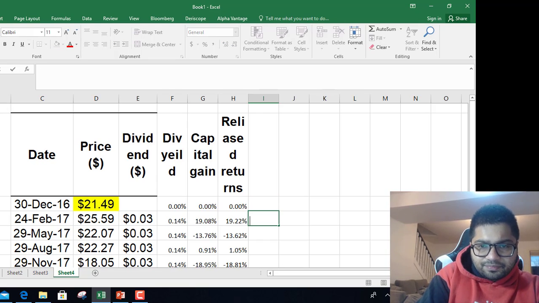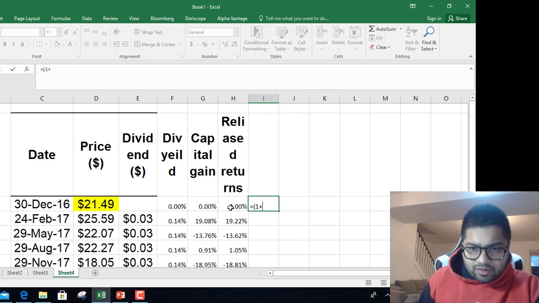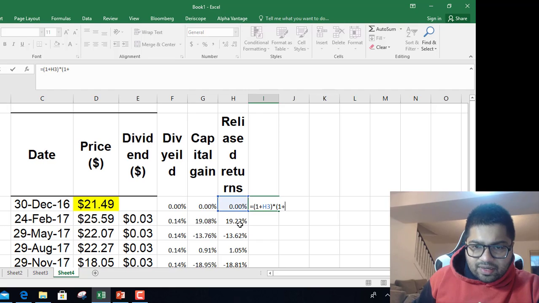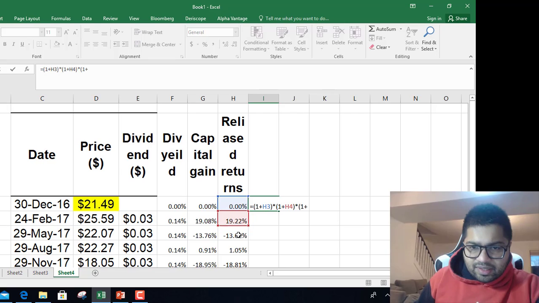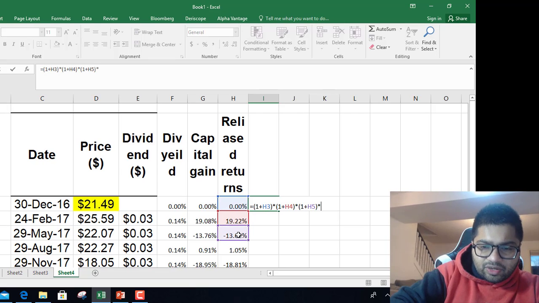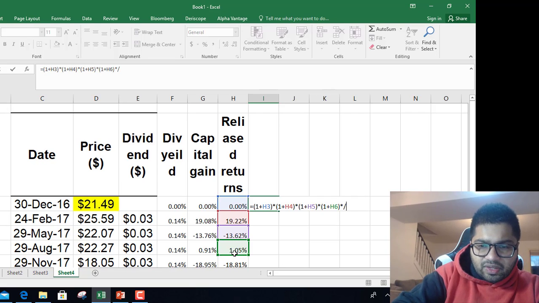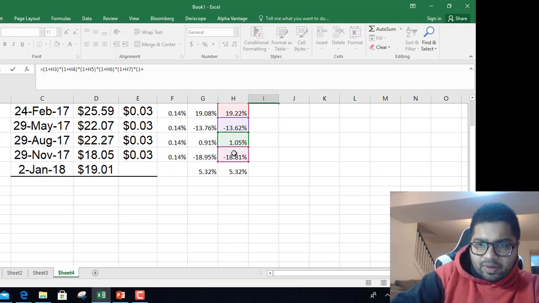So it is always equal to 1 plus 0% multiplied by 1 plus 19.22% multiplied by 1 plus 13 into 1 plus 1.05 into 1 plus 18 into 1 plus 5.32.